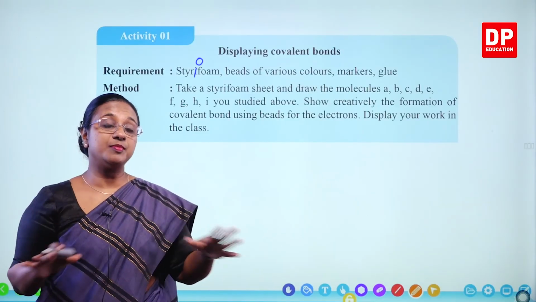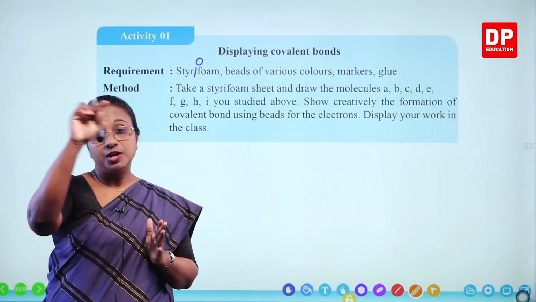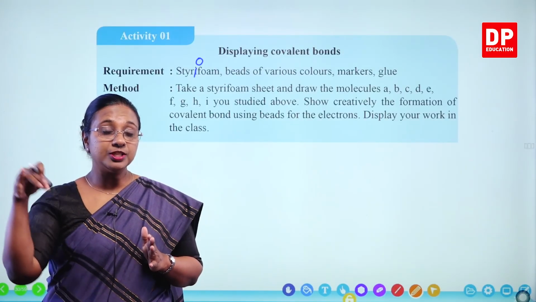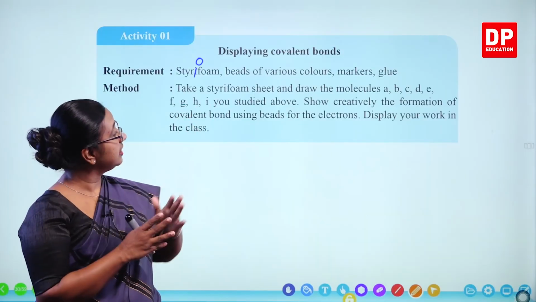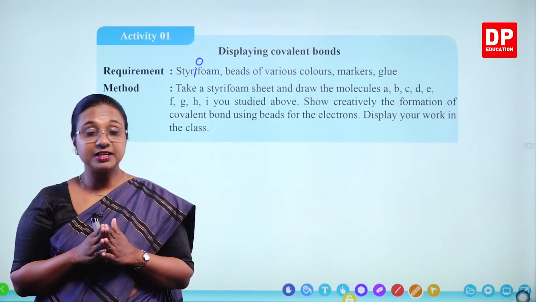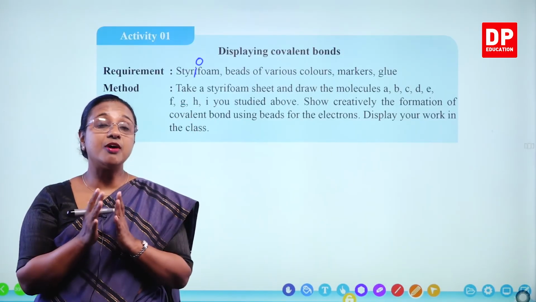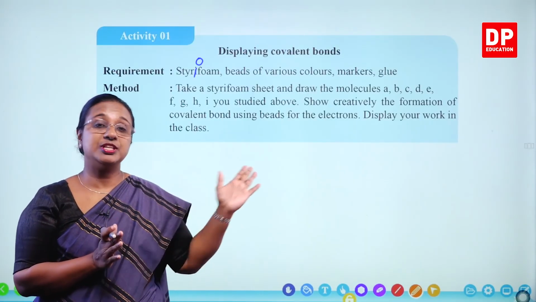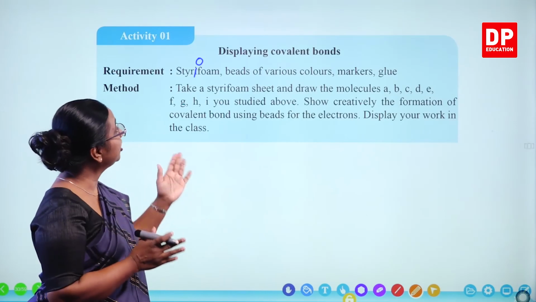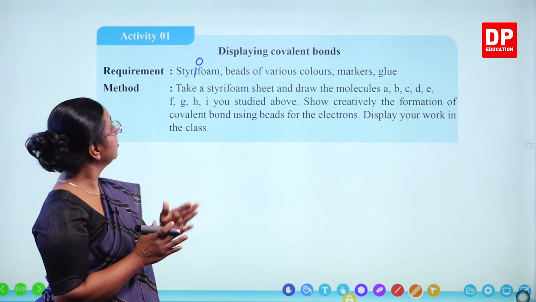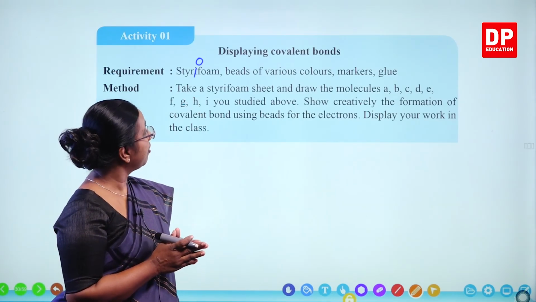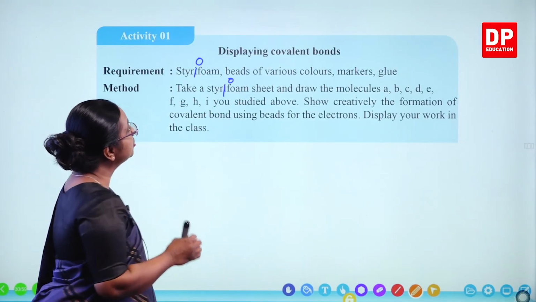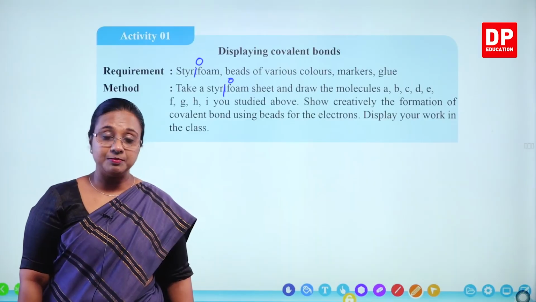On the styrofoam sheet, you can draw the shells, energy levels, you can denote the electrons using all these different beads of different colors and you can show how the bonds are formed and you can display it in class. So this is an activity that you are supposed to do where you use the styrofoam and beads to display the covalent bonds.